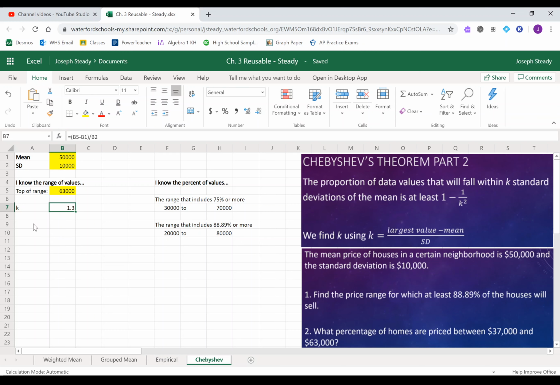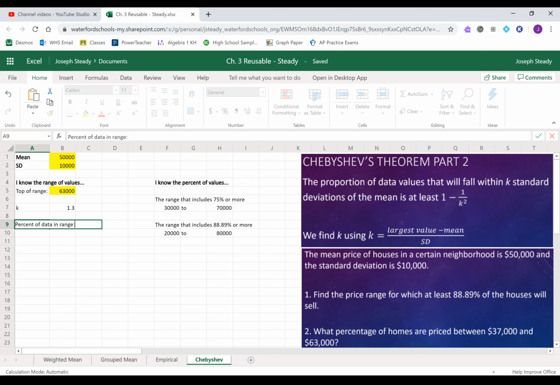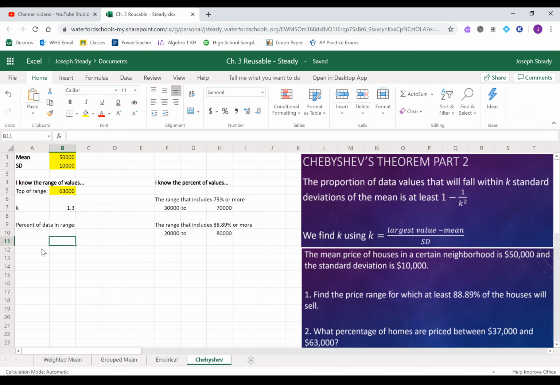So now to finish our calculation here, we can figure out what percentage of values will fall within this range. So percent of data in range. And I'm going to drop that right down here. Equals, and it's going to be this formula right here.